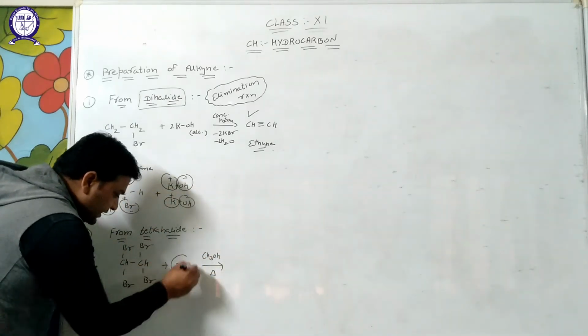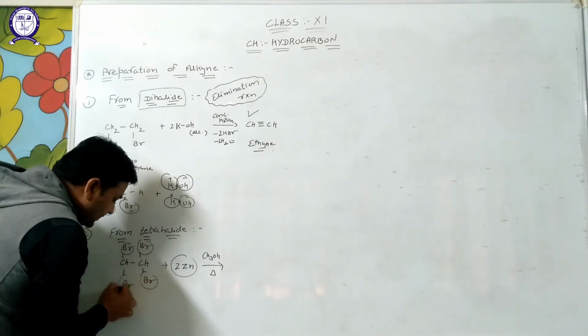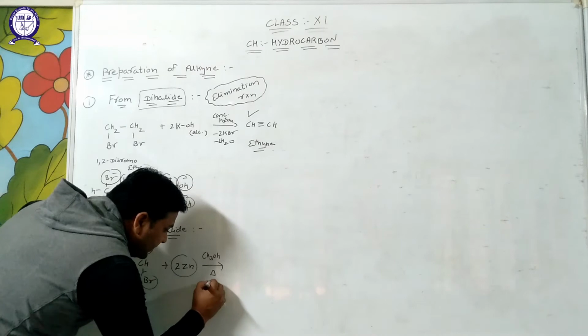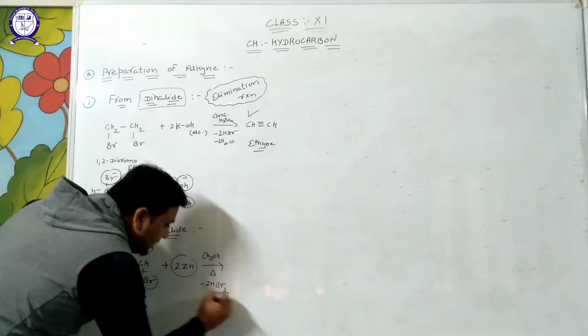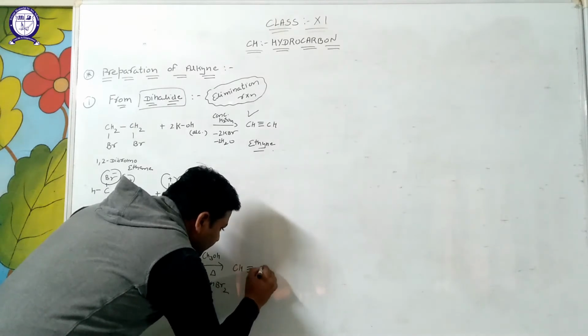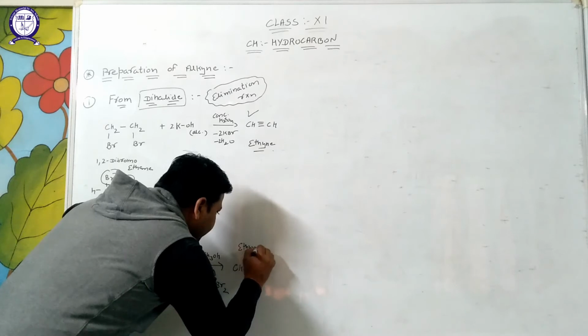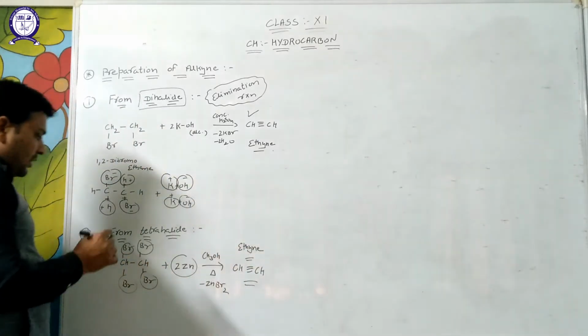It gives ZnBr2, the second mole releases ZnBr2, and it gives the formation of the ethyne molecule. It is an example of alkyne preparation.